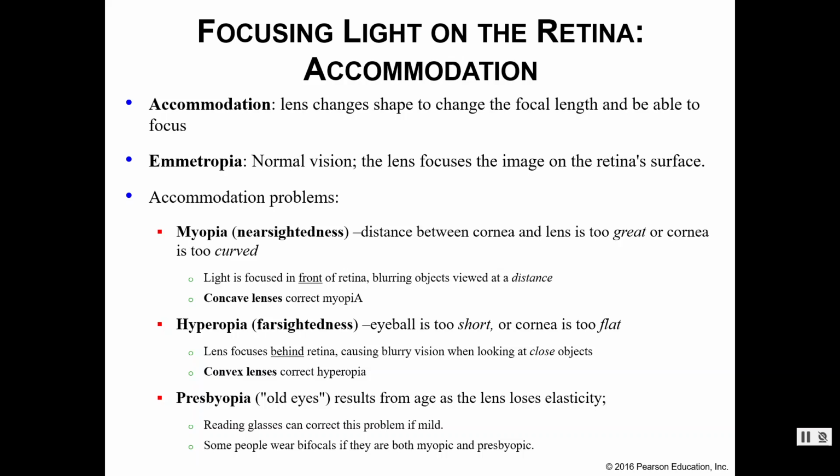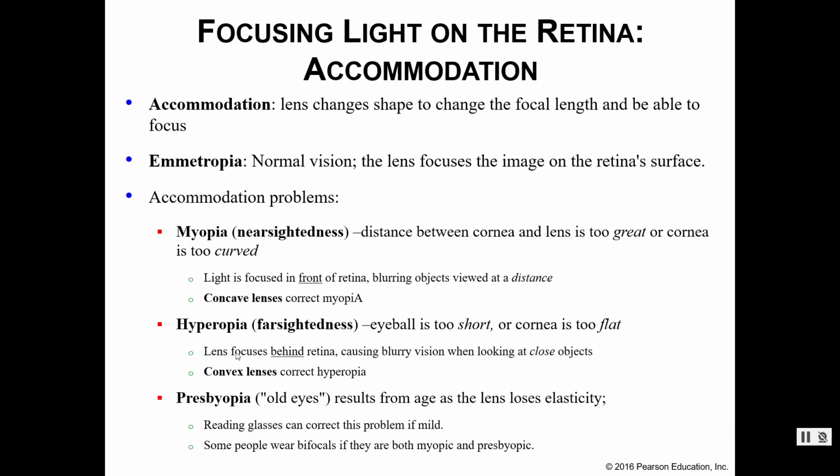This will result in the light being focused in front of your retina, which makes objects at a distance blurry. Nearsightedness is exactly what it sounds like. You can see things close up, so things in the distance are blurry. If you go to the eye doctor, they would prescribe you concave lenses to fix that problem.